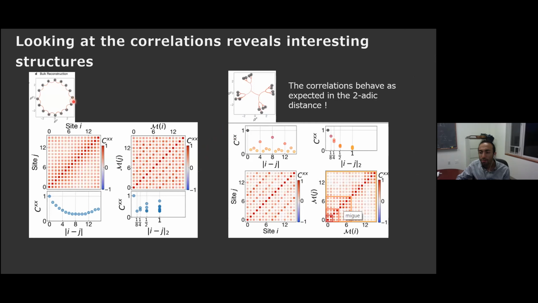Sorry, Miguel, can I ask one question a little bit differently again? You just defined a measure of distance. You called the measure of distance the minus log of the correlator, right? So for that to be a metric, to be a measure of distance, it should have three properties. It has to be non-negative, which we're going to imagine in this case it is. It has to be symmetric. In this case, it is, because you took the absolute value.